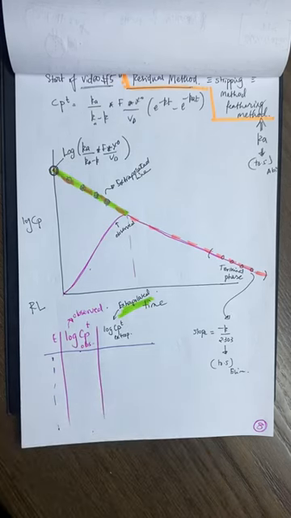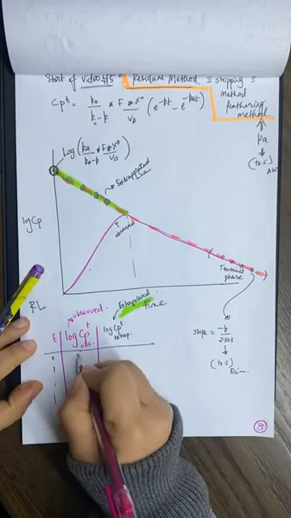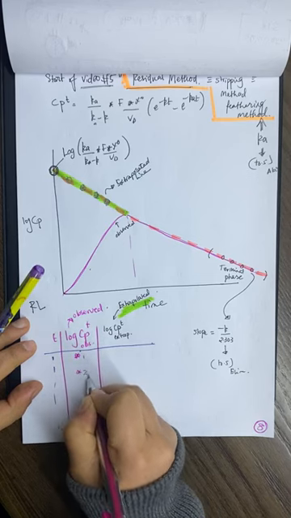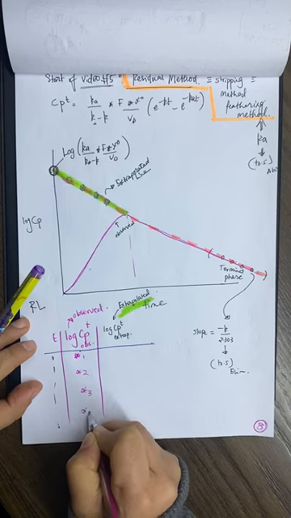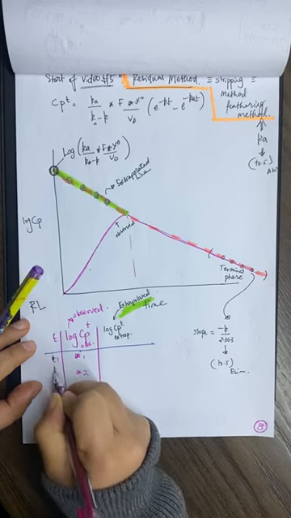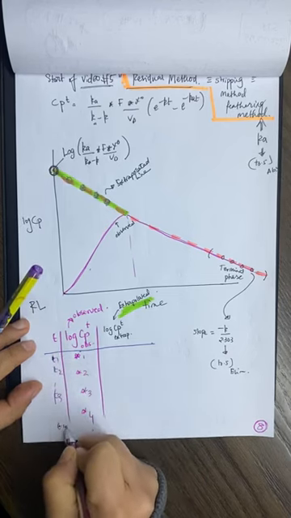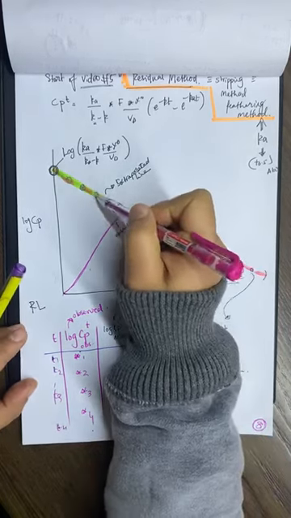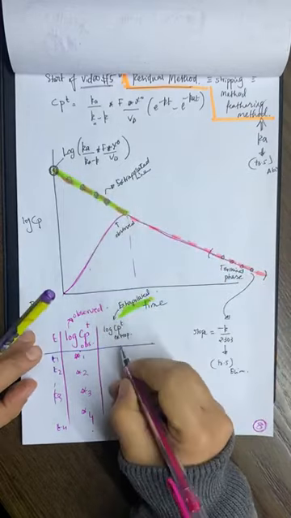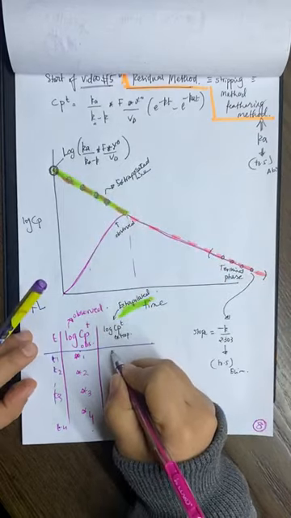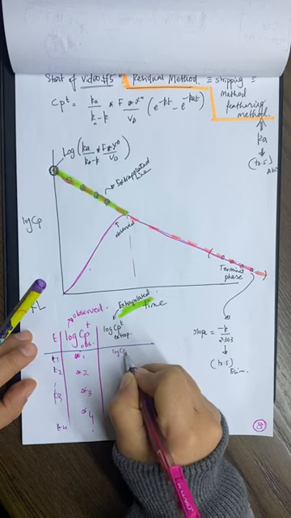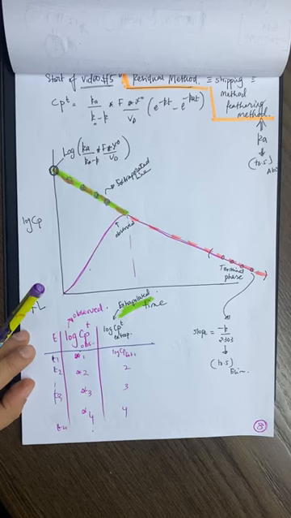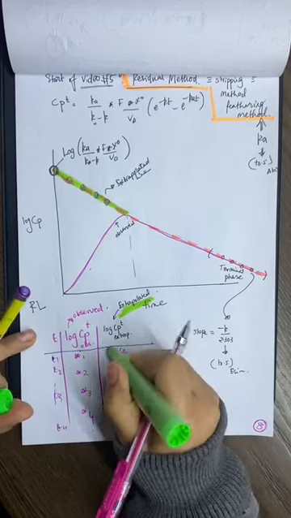And this one, I will have 1, 2 numbers, right? 3 and 4 at T1, T2, T3, and T4, right? Log extrapolated, I will take 3, 2 more, so it will be 1, 2, 3, and 4, okay, at the extrapolated line.